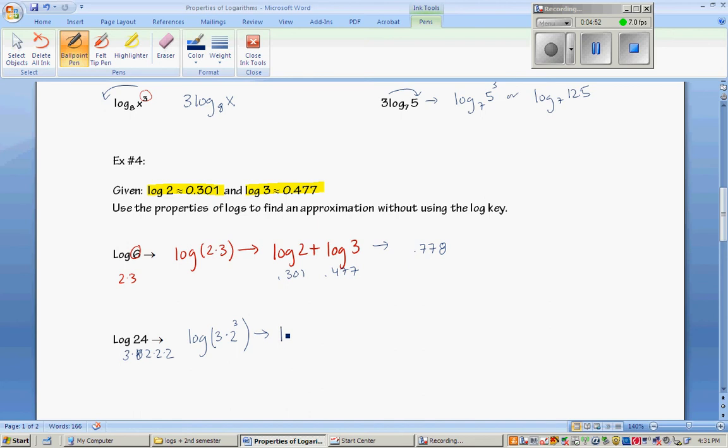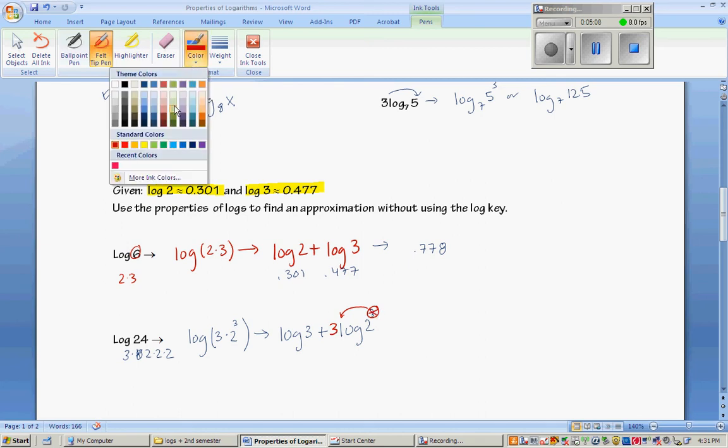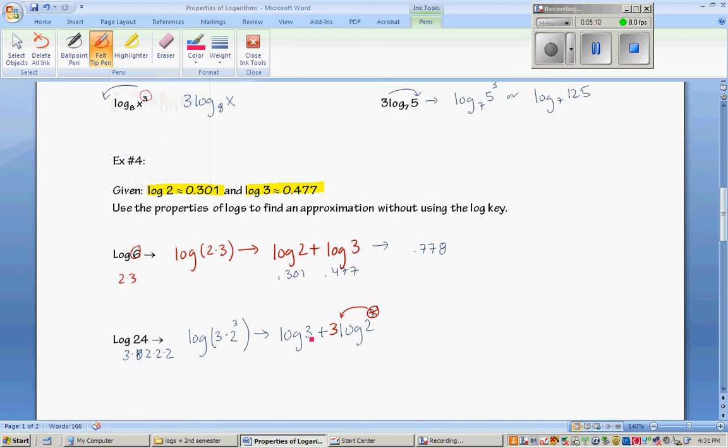This we can rewrite as log 3 plus, as it is multiplication, log of 2 to the third. And if you remember that cool little exponent rule, we're going to roll this 3 down to the front. So now just sub in everything you know. Log of 3 is 0.477 plus 3 times the log of 2, which is 0.301. And you can get your answer that way.